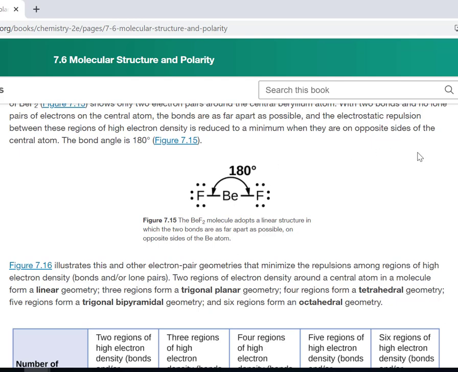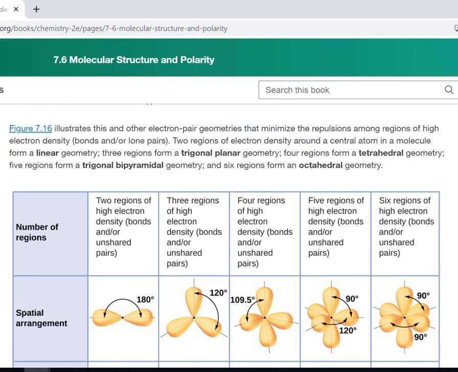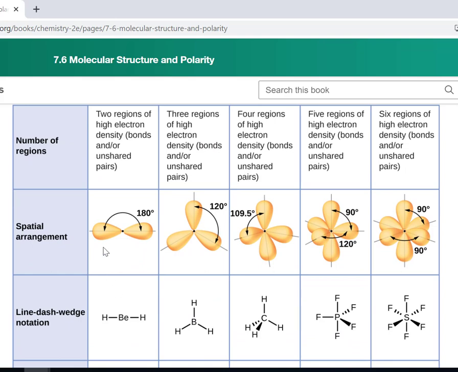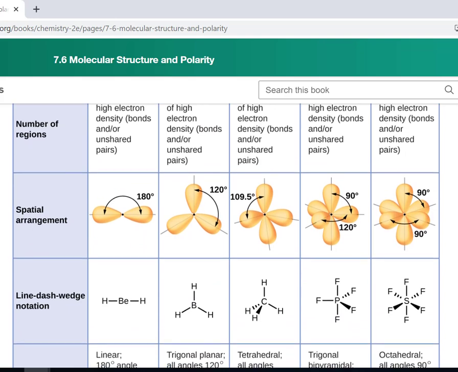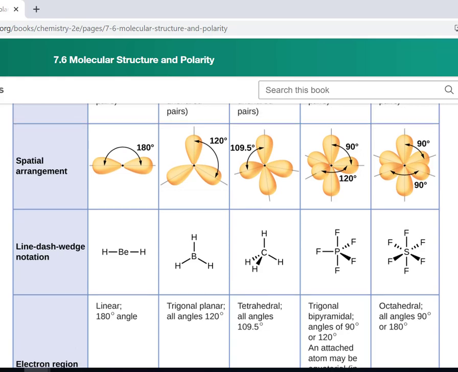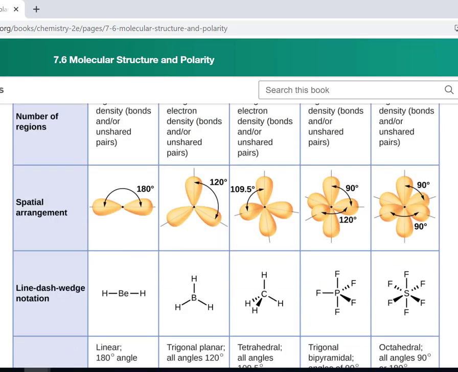We'll look at a few different possible geometries here. Linear is the simplest one, so two regions of electron pairs. We have the linear arrangement that we're showing there, and we'll look at this table to go through these possibilities. So linear is the first one.